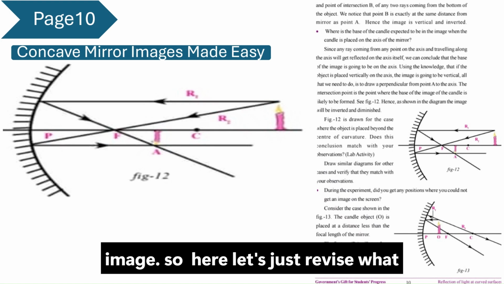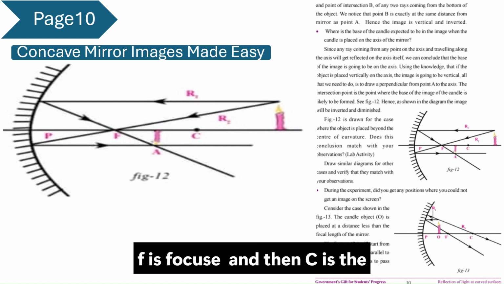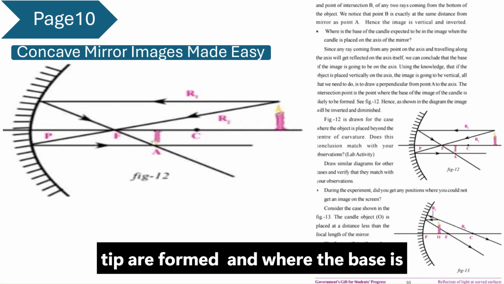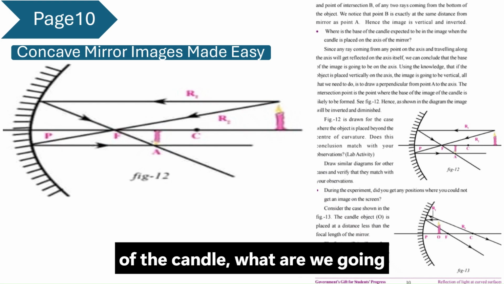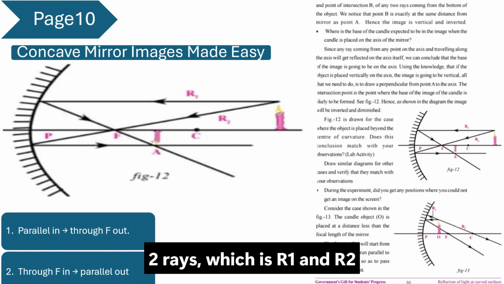So here, let's just revise what is C. C is the center of curvature, P is the pole, F is the focus. We will find where the tip is formed and where the base is formed. For the tip of the candle, we're going to need 2 rays, R1 and R2.